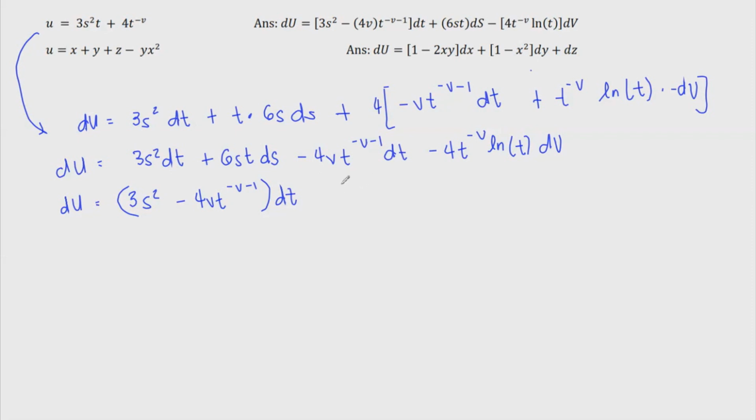And then for ds, we only have 1, so that's plus 6st ds. And then we finally have this dv. So we have minus 4t raised to negative v ln of t, and then dv.